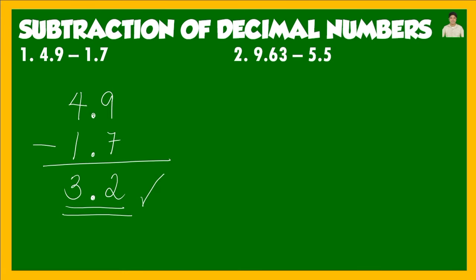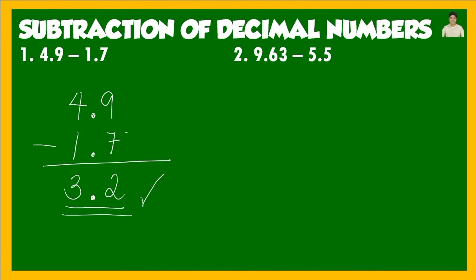Again, sa addition, kung gusto natin i-check yung mga answers natin, yung final answer natin, yung sum, mag-minus tayo ng isang addend. And then dito naman, para i-check kung yung sagot natin ay tama, yun pong ating subtrahend, itong 1.7, tsaka yung difference natin na 3.2 or 3 and 2 tenths, i-add po natin.